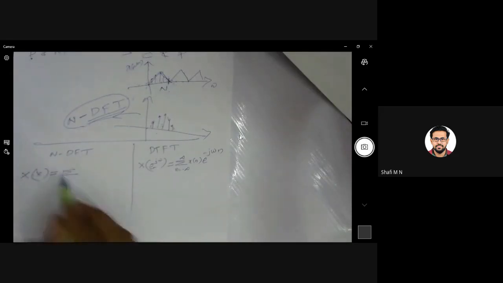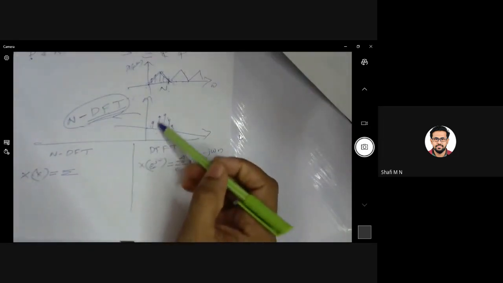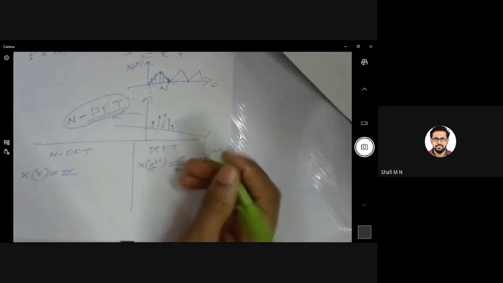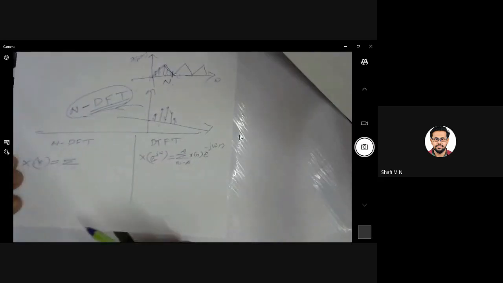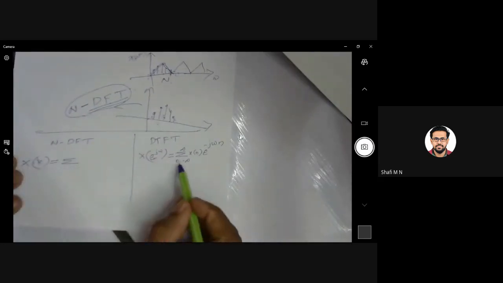Now, when you are discretizing in the frequency domain, what will be the equivalent effect in the time domain? See this. Discrete in one domain means periodic in the other domain. So there is something equivalent to periodicity in the time domain also. So the summation limit is not from minus infinity to infinity.